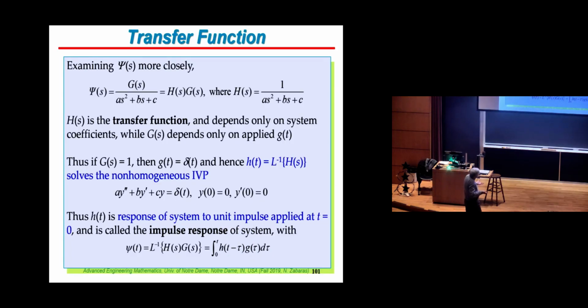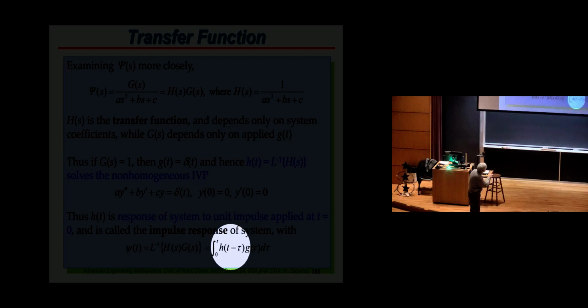And if you look at that integral, it makes sense, because when you apply this function g of t, you can think that instantaneously you apply an impulse. So at any time, you compute the effect of each previous impulse, and the effect of each previous impulse is nothing else but h of t minus tau.